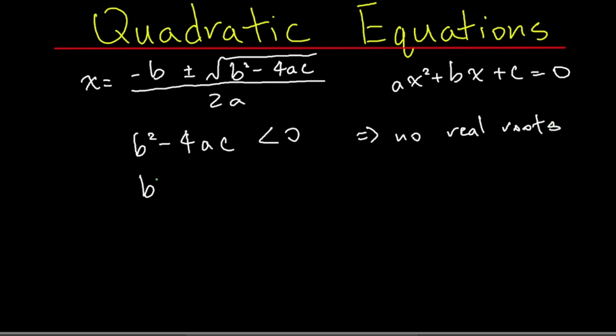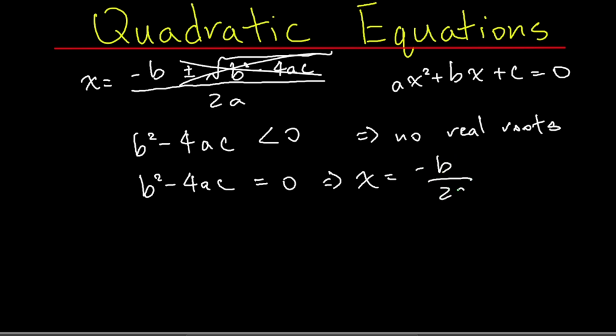Also, we can actually go one step farther and say that if b² − 4ac equals 0, then the square root of 0 is still 0, and plus minus 0 doesn't change anything. So this whole thing is just gone. And therefore the root, in this case singular, is just −b/2a.